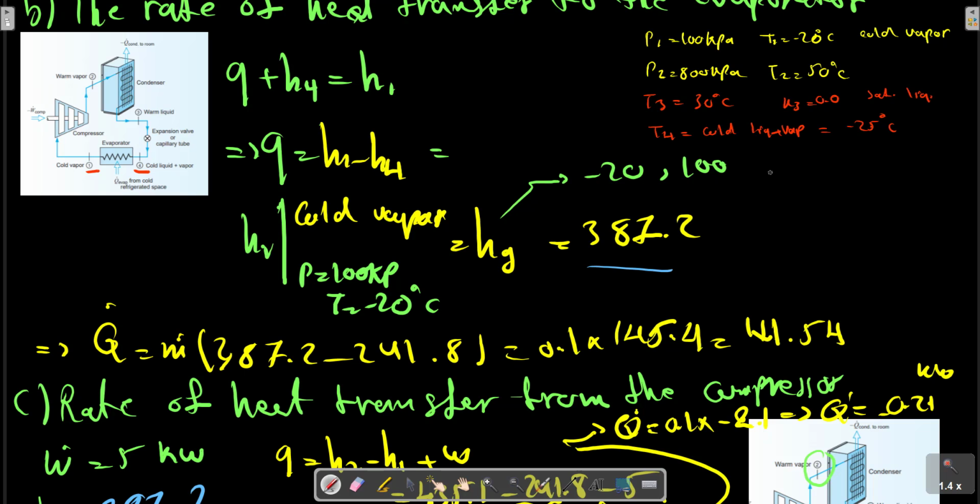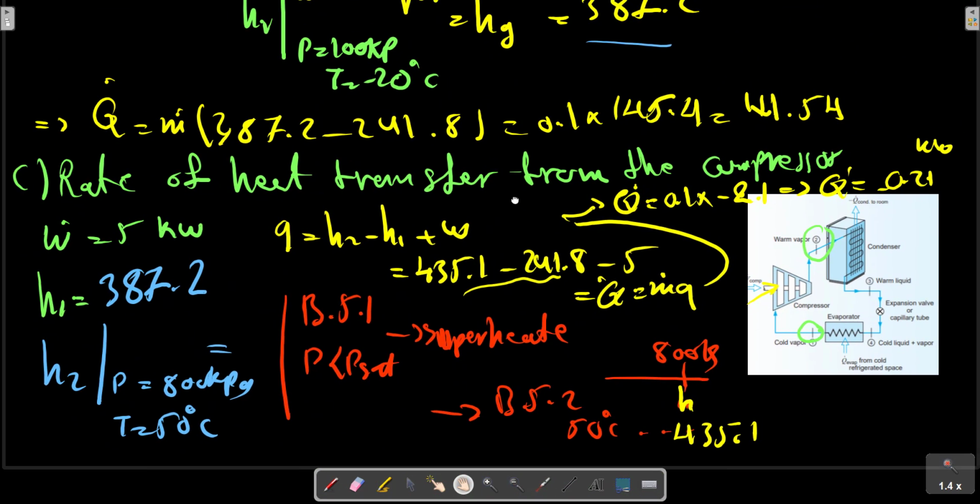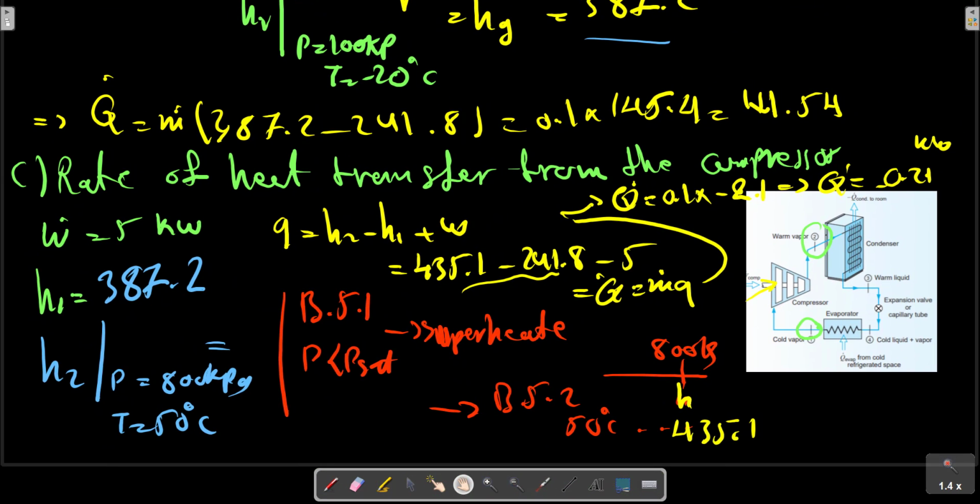If pressure is smaller than P saturate, we should use the superheated vapor tables, same as in the recent section that we calculated. We first have H1, H2. We should check table B5.1, P saturate, and extract H for this state.